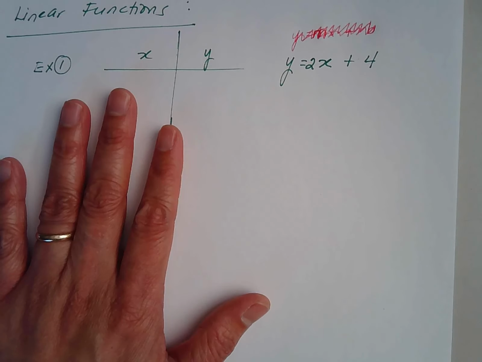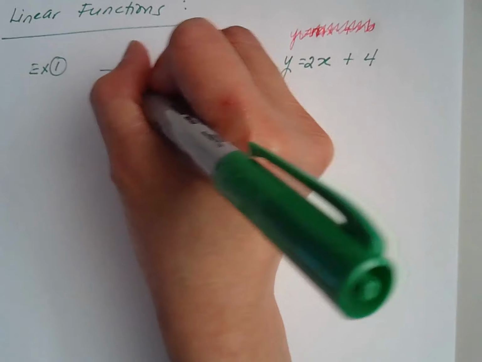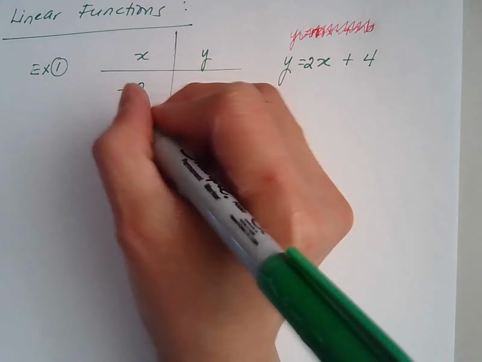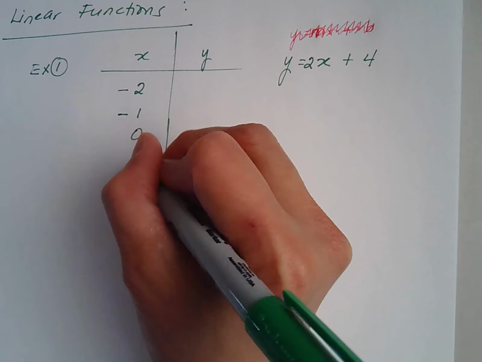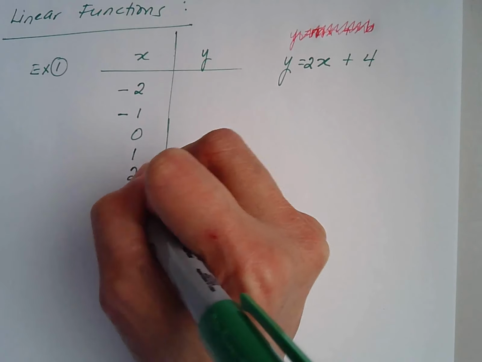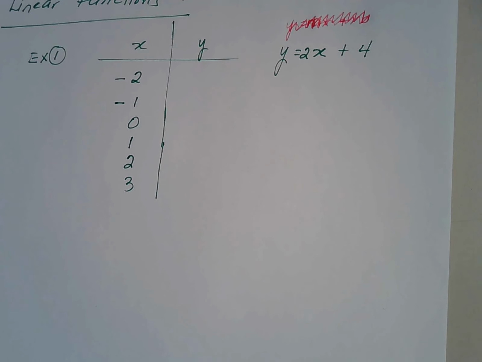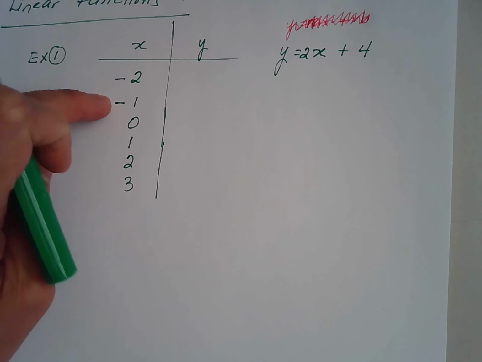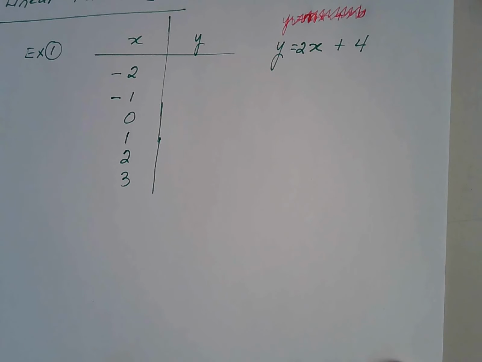We're going to pick nice numbers. So I'm going to start with -2, -1, 0, 1, 2, and 3. Good?